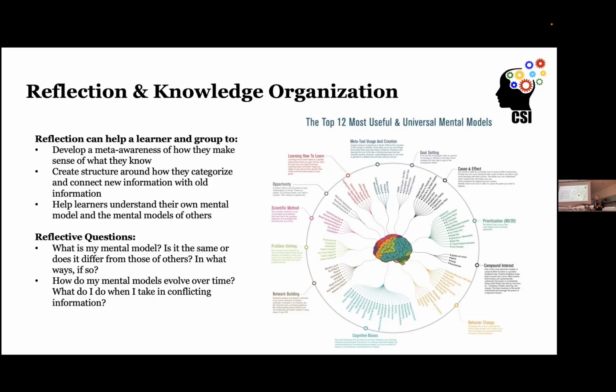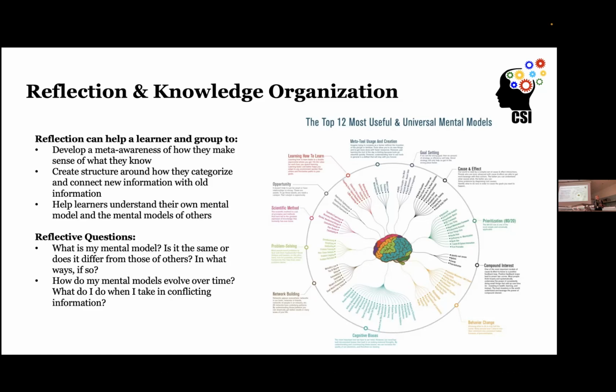It can also help learners understand their own mental model and the mental models of others. And questions that we can ask around those things are things like, what is my mental model around a topic? How do I understand something? How do I see or understand that other people are presenting their mental models? Are they different? Are they the same?